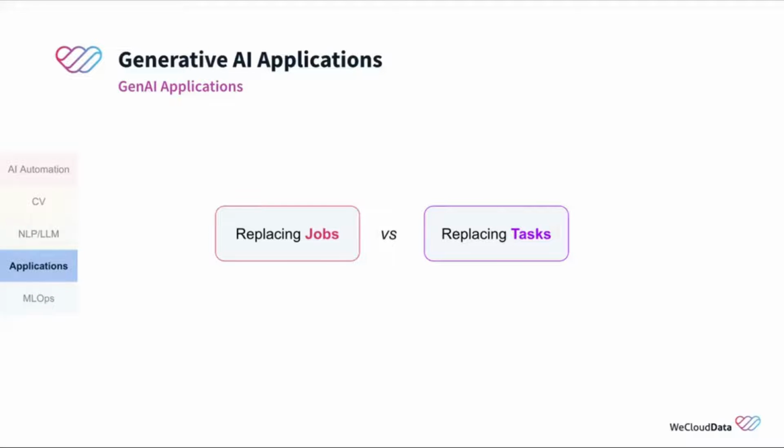No one can predict the future, but I think at this moment, Gen AI can replace a lot of the tasks. I don't think it's going to replace jobs yet, because I think most of the jobs are pretty complex, and companies try to standardize the process, but it cannot be completely standardized, right?